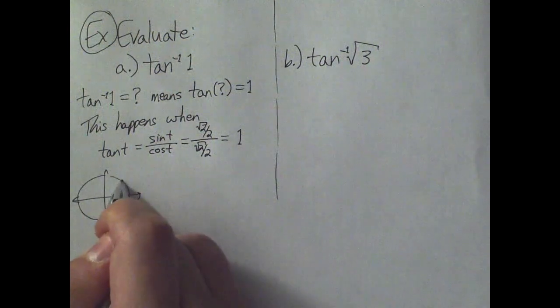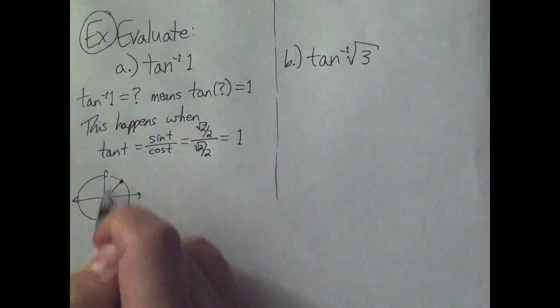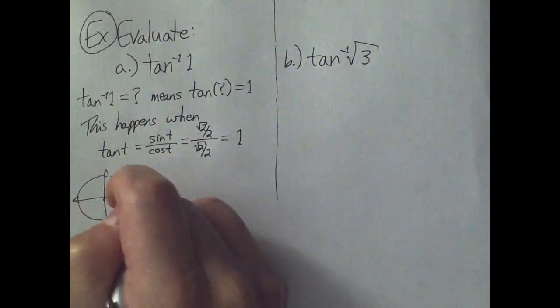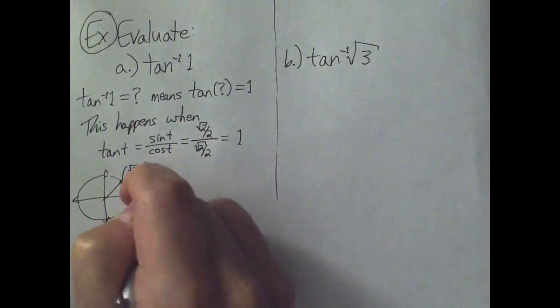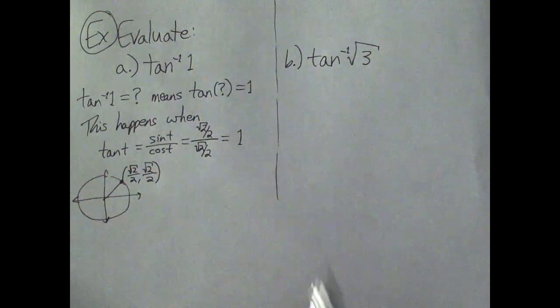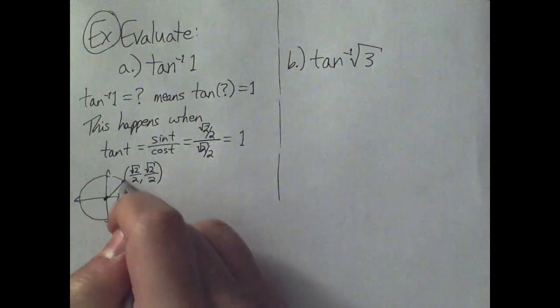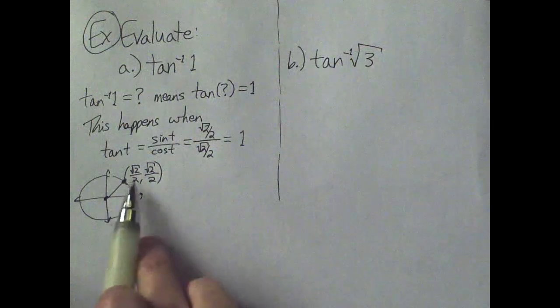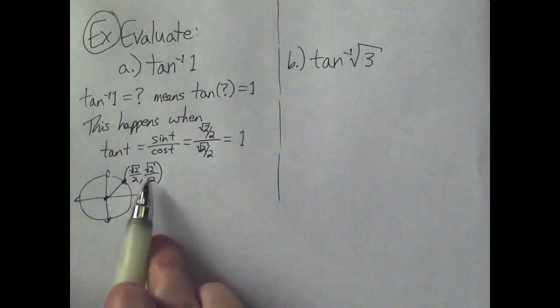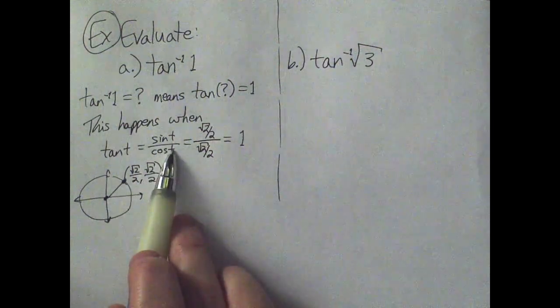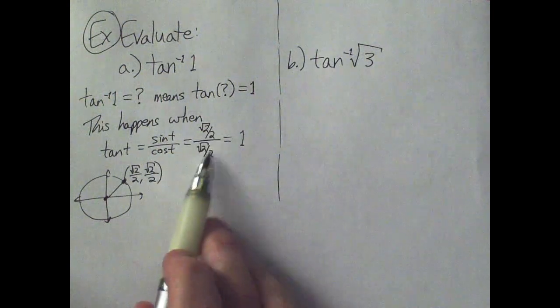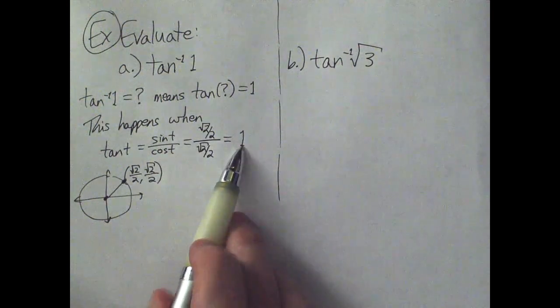We're talking about this place on the unit circle. The point square root of 2 over 2, square root of 2 over 2. Now, there's nothing in this problem that told us to look at that part of the unit circle. But I'm looking at this part of the unit circle because I know that the x-coordinate and y-coordinate will be the same. They'll cancel each other out and just give me 1.